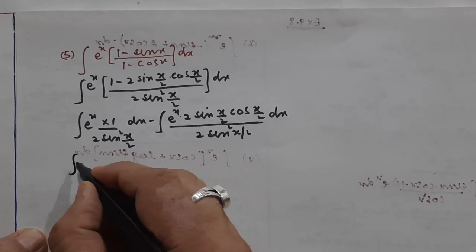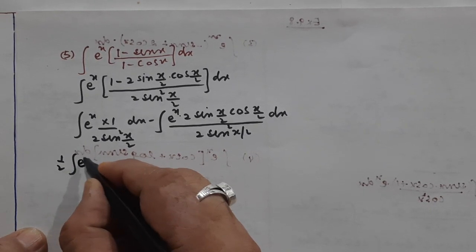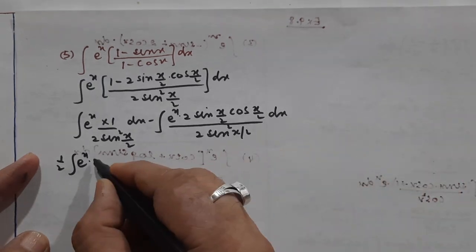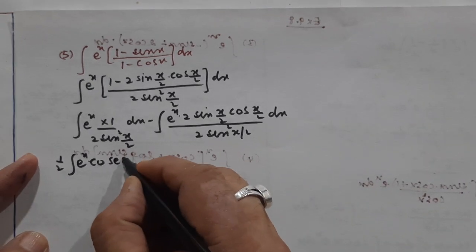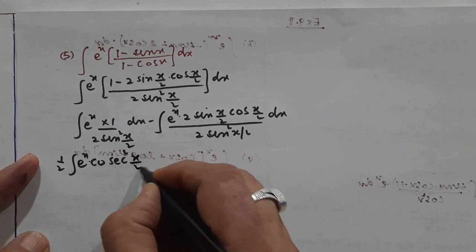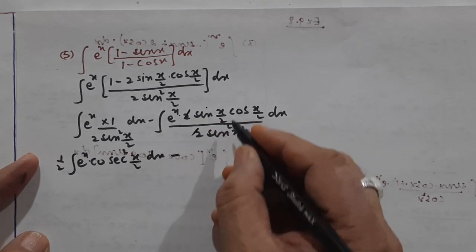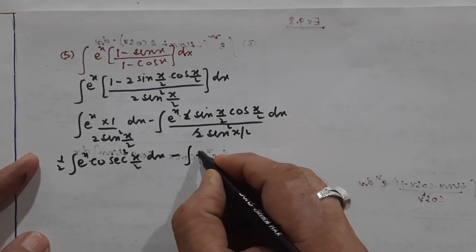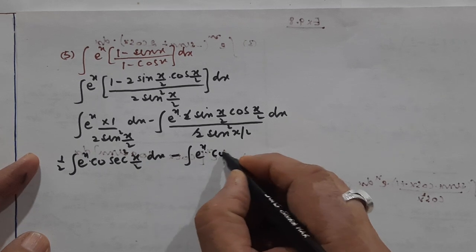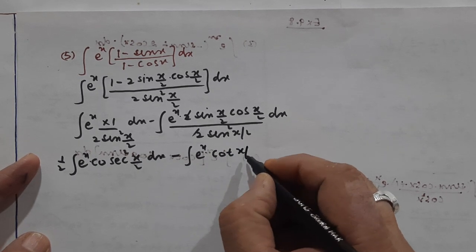So what we get? 1 upon 2 e power x into cosecant square x by 2 dx minus, cancel 2 with 2, cancel sin with sin. So we get e power x into cot x by 2 dx.